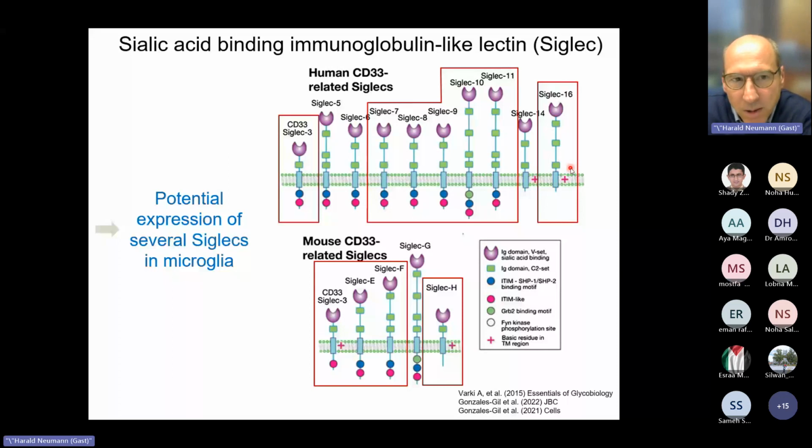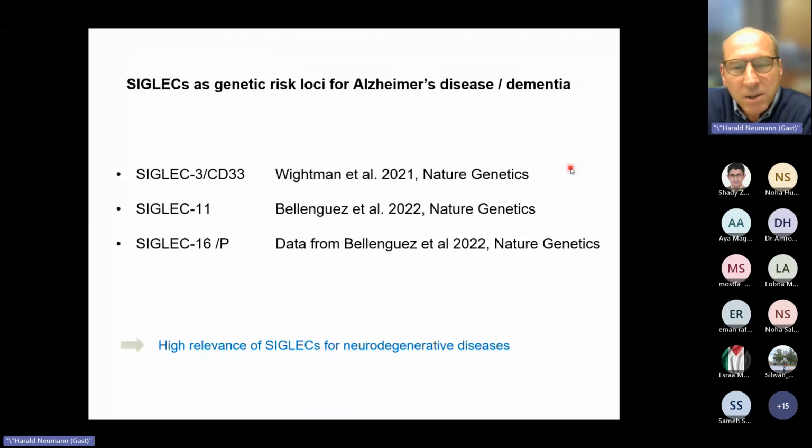I think what is more interesting for us as neuroscientists or neuroimmunologists is that there is a close linkage to Alzheimer's disease and/or dementia. I always say that it's not fully clear whether it's only Alzheimer's disease or dementia, because if you look at these large genetic publications with huge numbers of patients, 100,000 or 300,000 patients, you will realize that many of these patients are not clearly characterized with respect to the disease cause.